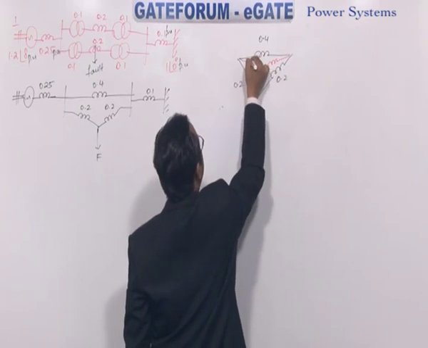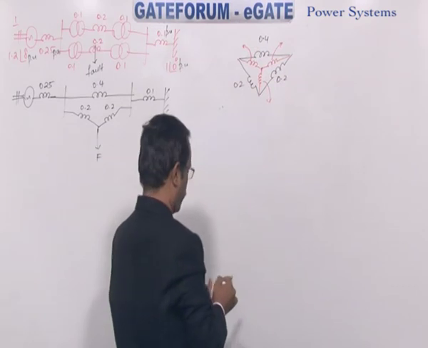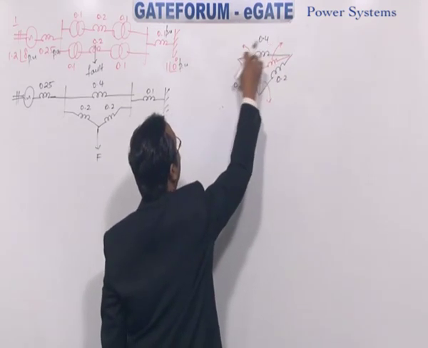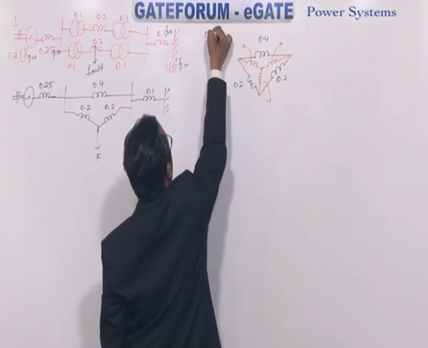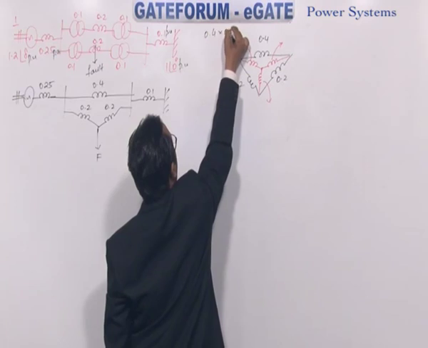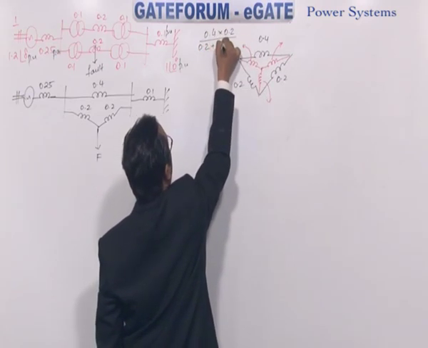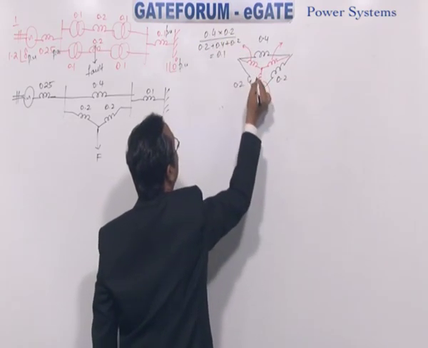So how much each of the star values we have to calculate now. Now this one is connected to the 0.4 side and 0.2 side. So for star, how do you write? R12, R13 divided by the total sum. How much you get? 0.1.